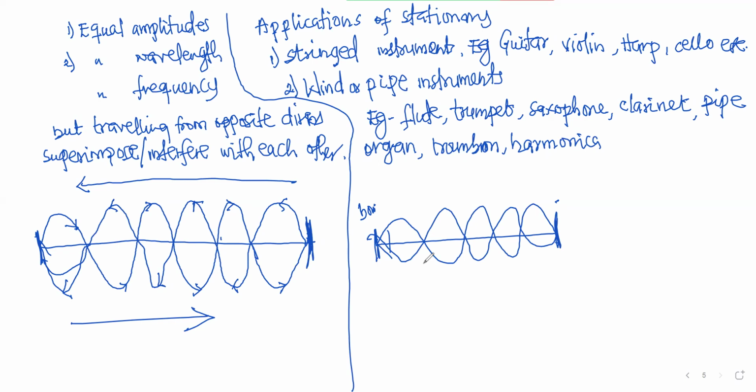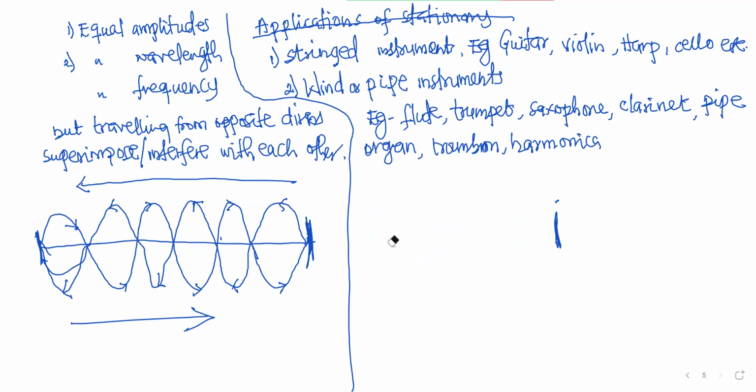The blown air hits the boundary of the pipe or the cylinder and then reflects, creating a stationary wave. So all these instruments work on the principle of stationary waves. It's unfortunate we are ending tomorrow. We would have gone into it and then you would have a better understanding of their operation.